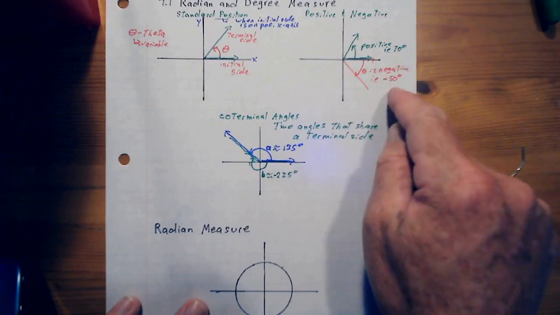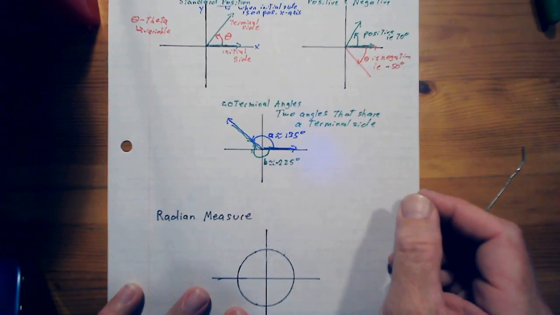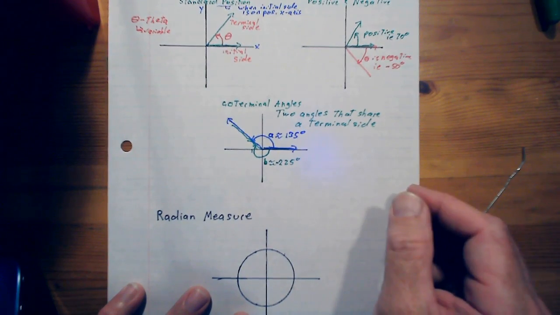So these angles up here, I was just estimating them in degrees. You should be familiar with measuring angles in degrees, a 30-degree angle, a 60-degree, a 45, 90, etc. 180 degrees, which is a straight line.